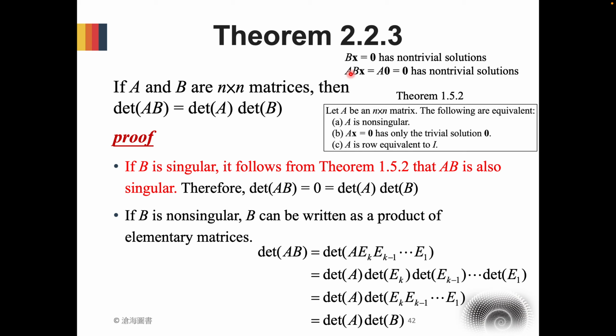So this means the matrix AB is also singular. Then if AB is singular, its determinant is equal to 0. And 0 is equal to determinant A times determinant B, because B is singular, so its determinant is equal to 0. So this equation must be satisfied.